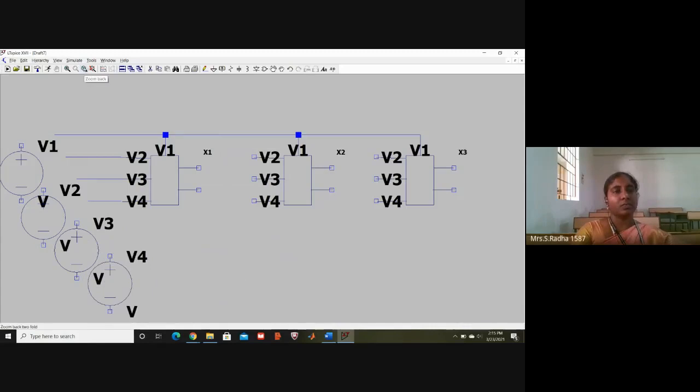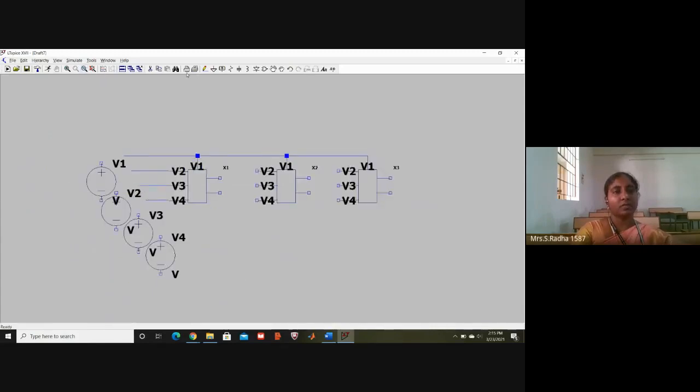I will just zoom in. Also, I will remove this. One ground is required for all these voltages.